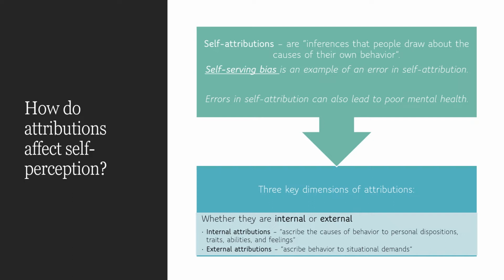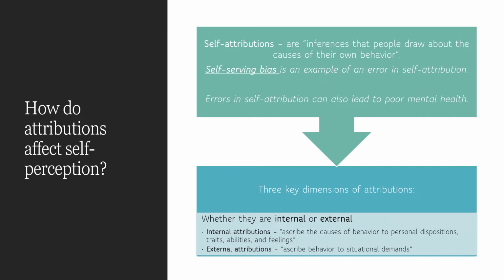And one of the reasons people feel so motivated to maintain that consistent self is, if you'll remember, you learned earlier about how anxiety provoking it can be when we have a discrepancy between how we see ourselves and how we think we ought to be. So this can contribute to this overall sense of discomfort and that motivation then to focus on our internal factors that have contributed to the good things about ourselves, to our successes, and the external forces that don't have anything to do with us that are explaining our shortcomings or our failures.